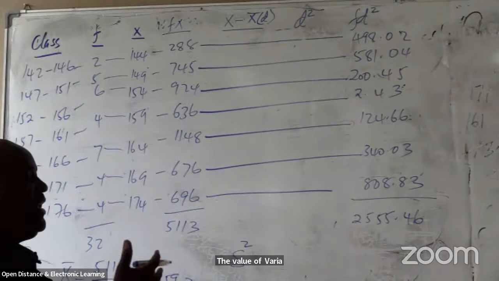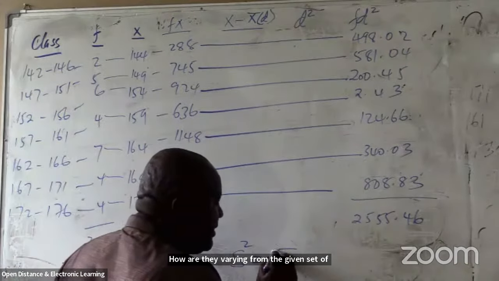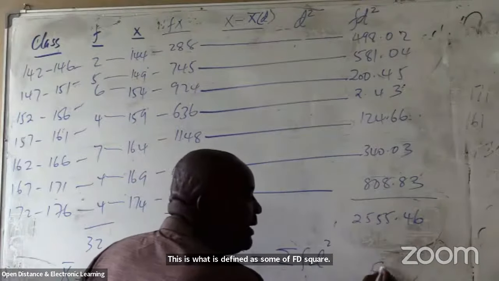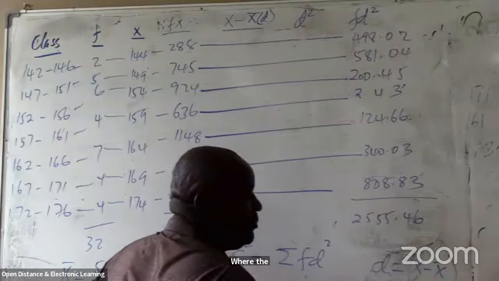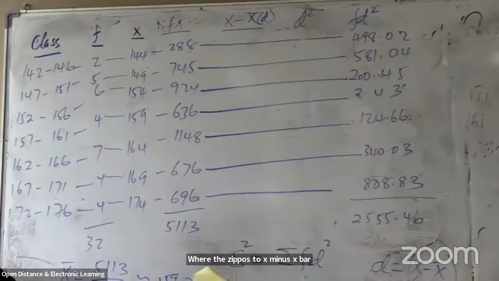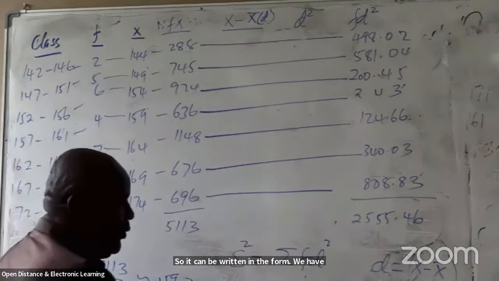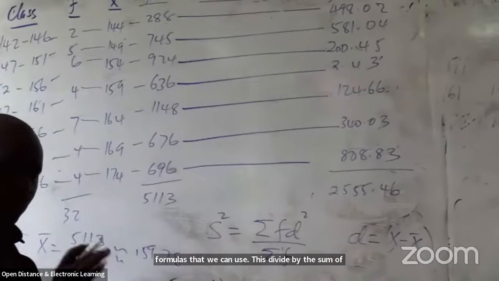How are they varying from the given set of observations? This is defined as the sum of FD squared, where D is equal to x minus x bar. So it can be written in either form. We have several other formulas that we can use. This divided by the sum of F is the simplest for you to remember.